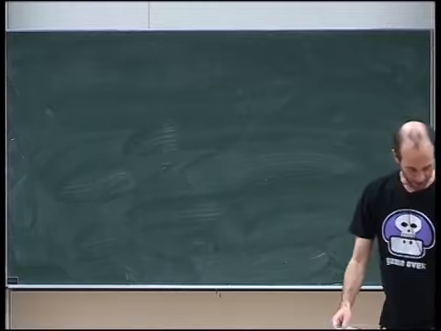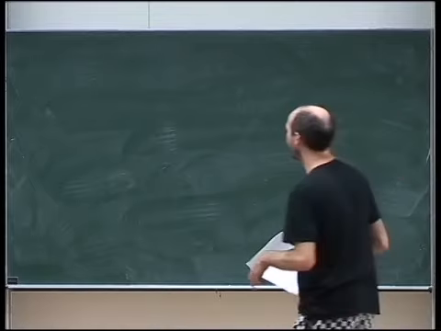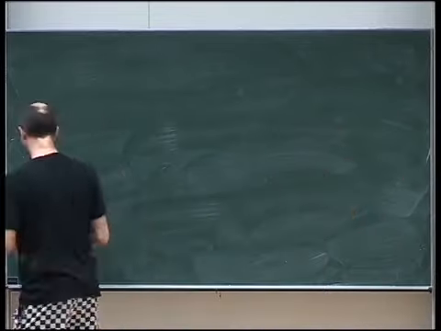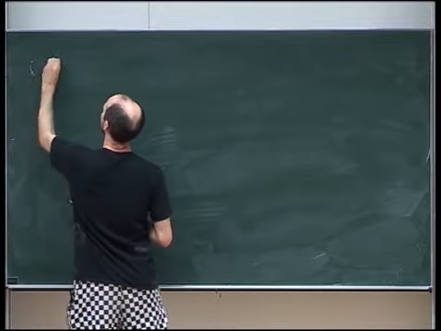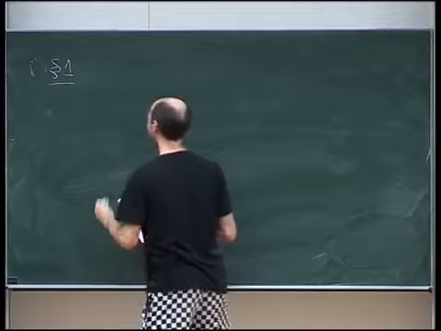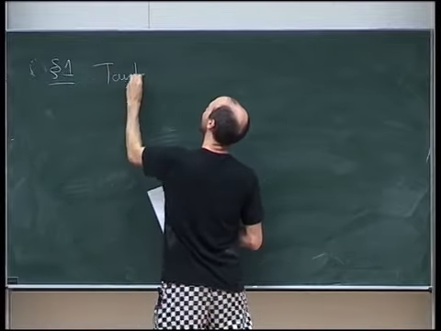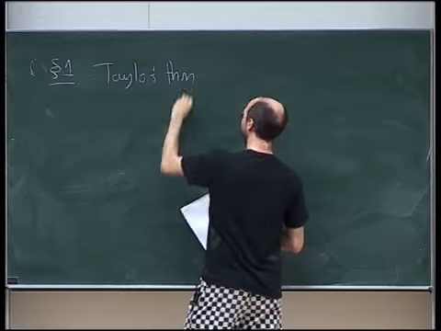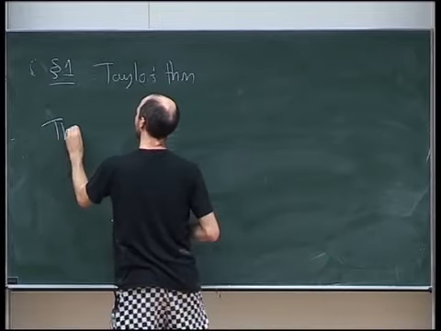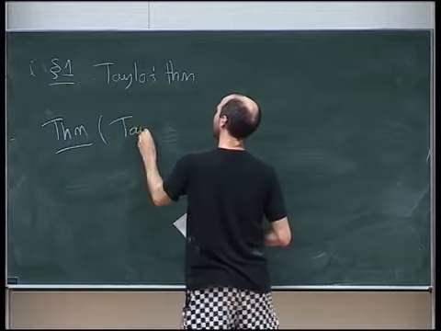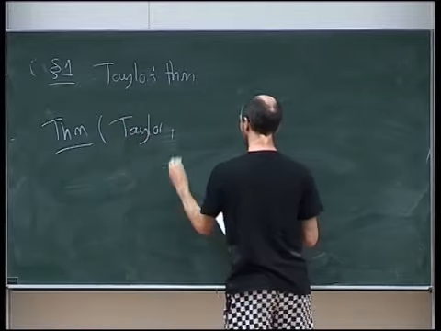So let me give my talk. So that's the background. So here we go. So chapter 1 now, section 1. Taylor's theorem. So here's a theorem of Richard Taylor from 2001.